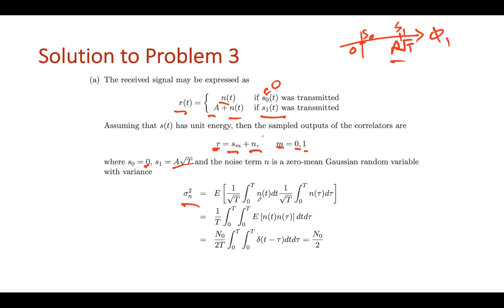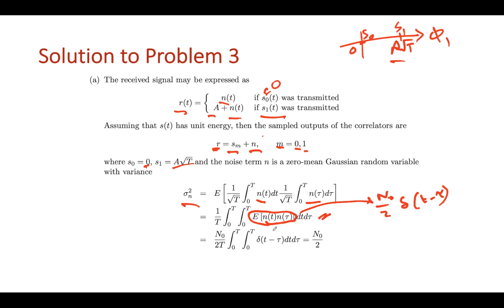So basically you are multiplying one sample of the noise with another and integrating them. So basically you can simplify this as this expression, and then this can be replaced like expectation of n(t) multiplied with n(tau) is nothing but n0 by 2 delta of t minus tau.